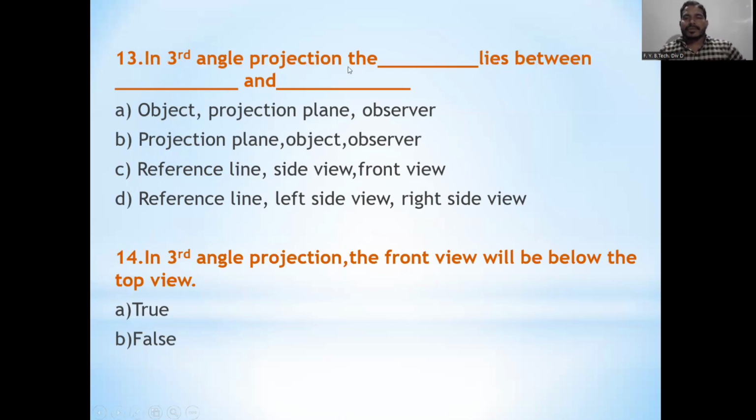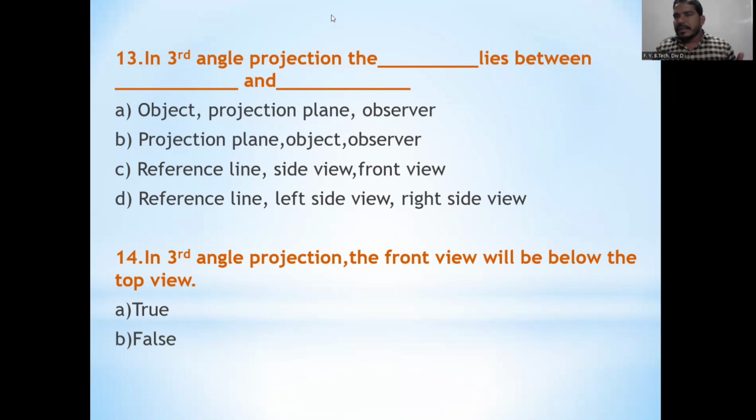in third angle projection, dash lies between the dash and the dash. Now we are aware that in case of third angle method of projection, the object is placed in the third quadrant.